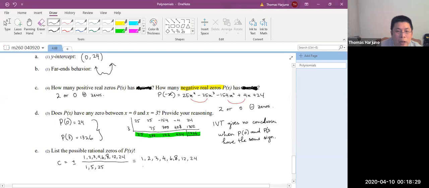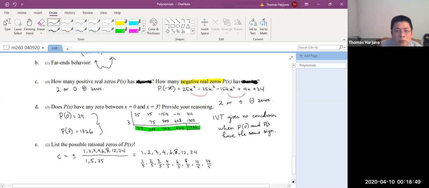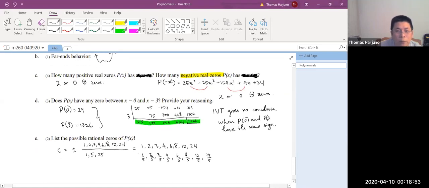Then 1/5, 2/5, 3/5, 4/5, 6/5, 8/5, 12/5, 24/5. You can actually put the plus or minus in front of each one of them if you want.